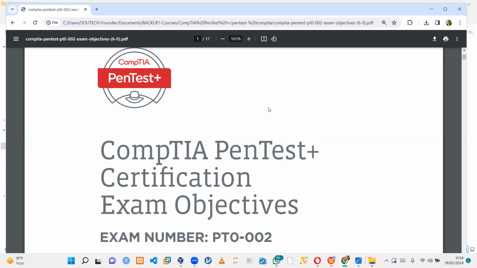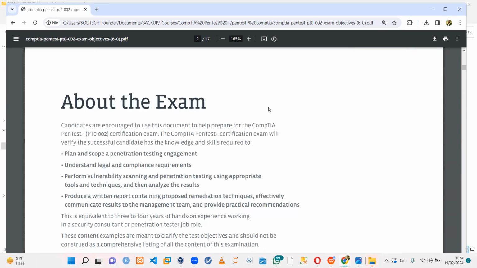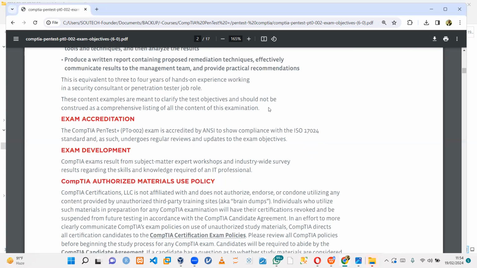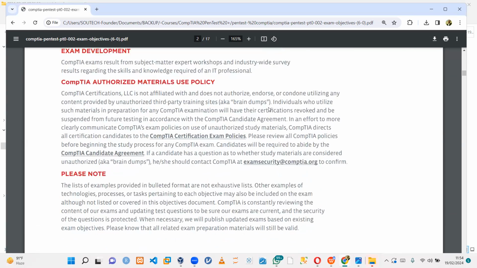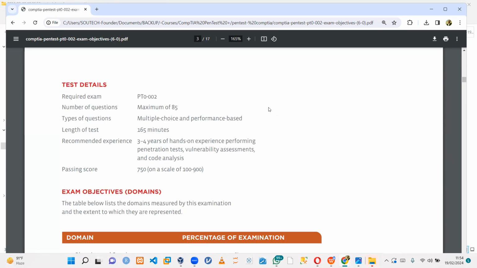But let's start by going through these objectives. Don't forget that the CompTIA PenTest exam is an intermediate level cybersecurity certification, so it's not entry level. The assumption is that you've had some years of experience doing vulnerability assessments, basic code analysis, some pen testing, or basically you have spent some time in an entry level cybersecurity analyst role.